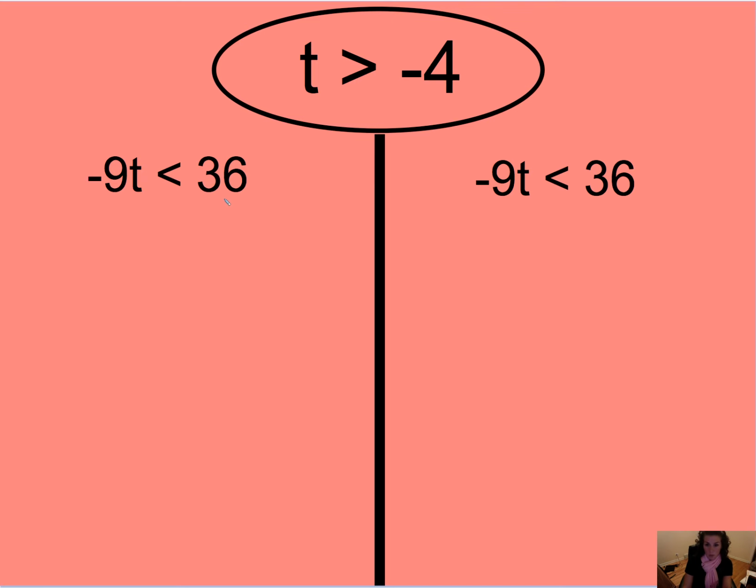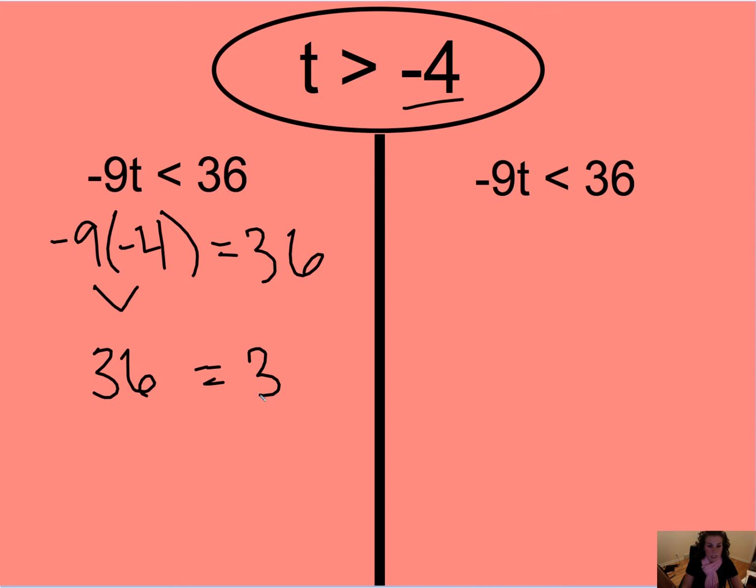If you look back in the video or back at your notes, you could see that the original problem is negative 9t is less than 36. So first we just check the negative 4. We want to plug that in place of t and see if that's equal to 36. Negative 9 times negative 4 is 36. And these are equal, so that's true.